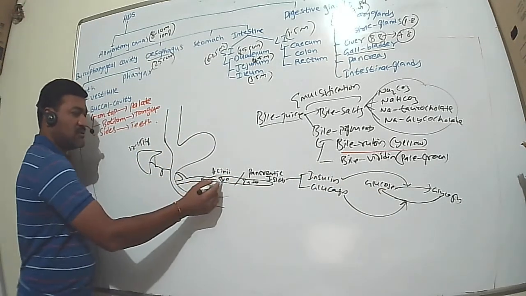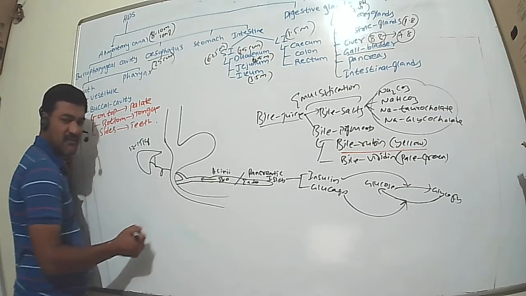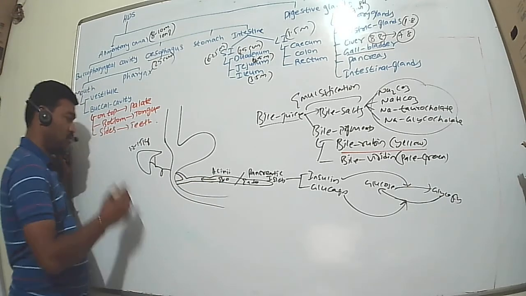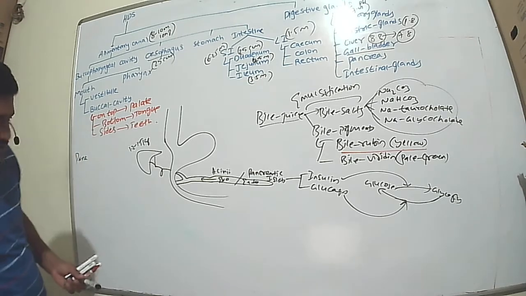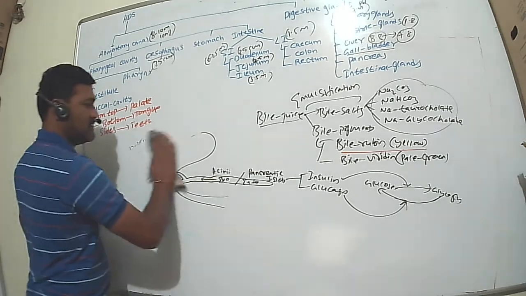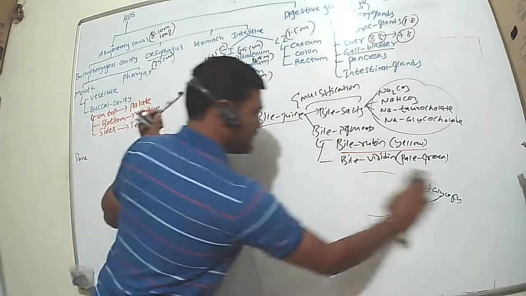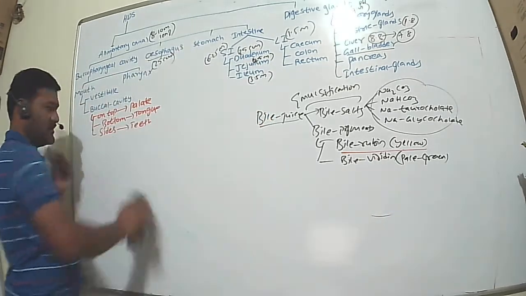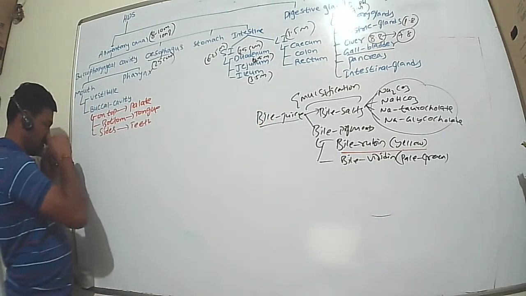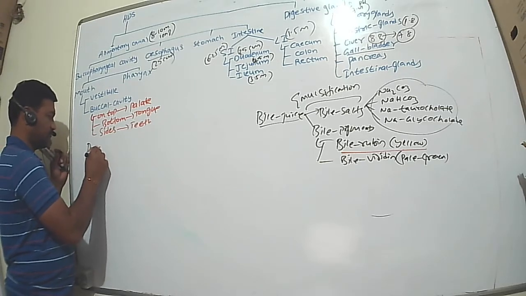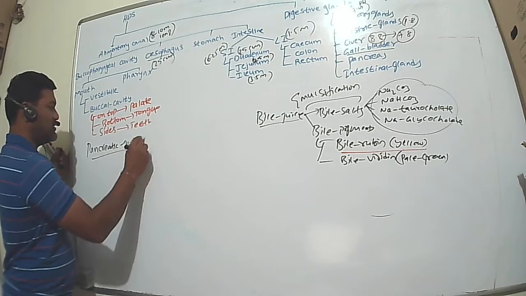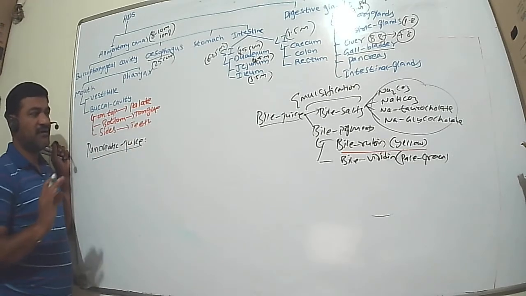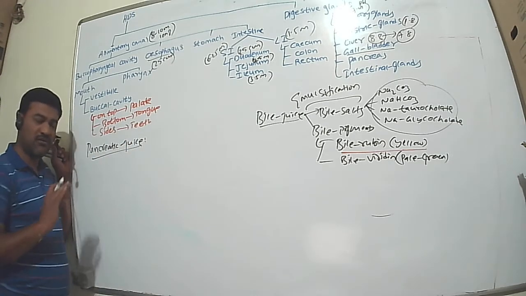Now coming to the pancreatic juice, which is prepared by the acinar cells. I'll erase this one. Maybe I may draw it again. So the pancreatic juice, I told you, contains enzymes necessary to digest all the nutrients.